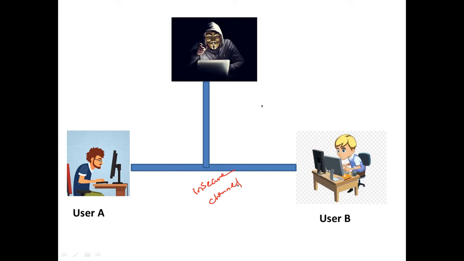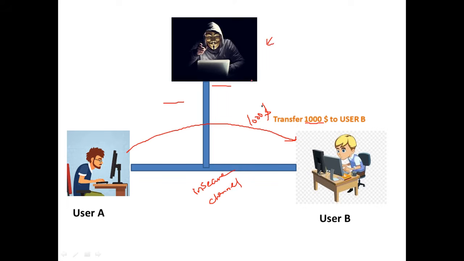Say user A wants to transfer $10 to user B. There's always a chance that this communication can be captured by a hacker, and he can convert it to $1,000 and send it to user B. So the transfer of $10 has now been changed to $1,000, and from user A's account, $1,000 got transferred instead of $10 because the message was altered by this particular hacker.